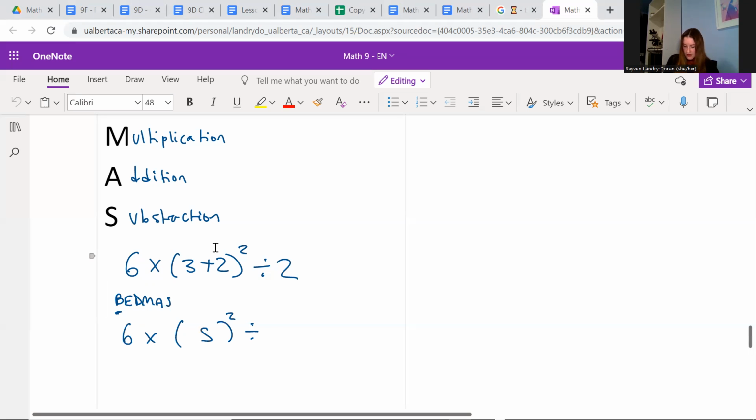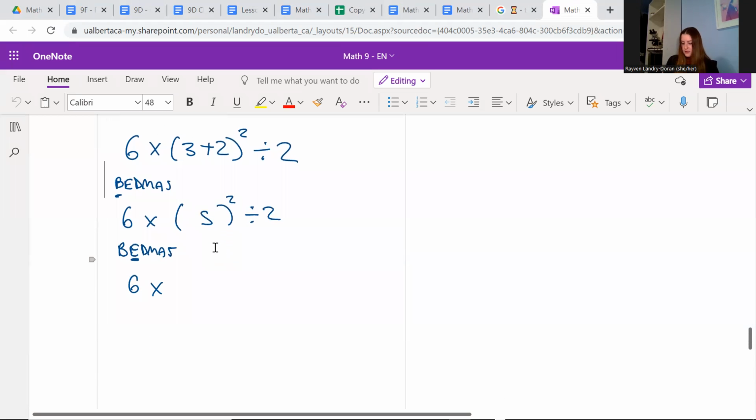All right, we're moving on. What do I do next? Oh, exponents. Exponents are next. So I do 6 times, what's 5 to the power of 2? Anyone? It's 25. Thank you so much to the students for answering that question. 25 divided by 2.